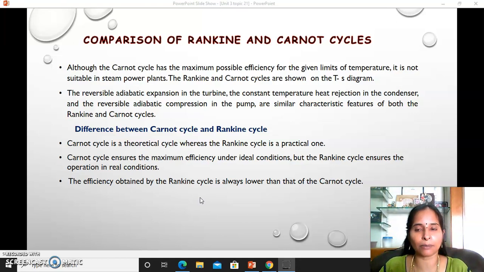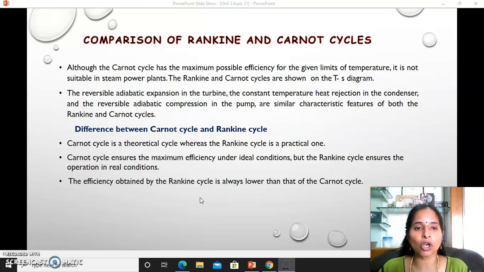The given limits of temperature mean the temperature of the boiler and the temperature of the condenser. In the second unit, as we have discussed, two temperature limits and two heat quantities can be directly written as temperatures. That is what I have mentioned here.